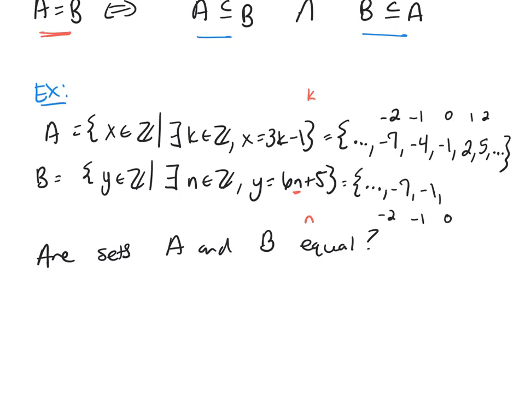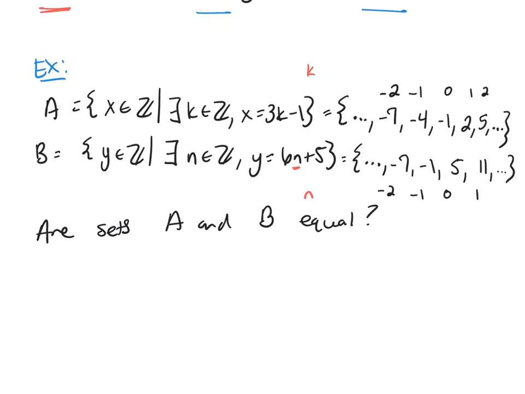If I plug in 0 for N, you'll get 5. 1 for N, you'll get 11, and so forth. And so does it look like these sets are equal? Well, these numbers are only going to increase and get larger. All right, so if I look, B has -7 in it, and so does A. B has -1, so does A. B has 5, and so does A.